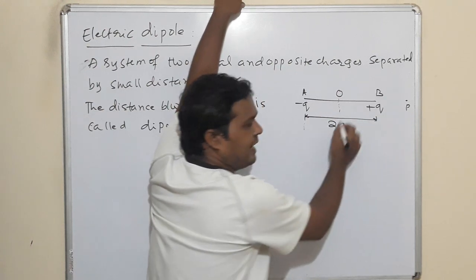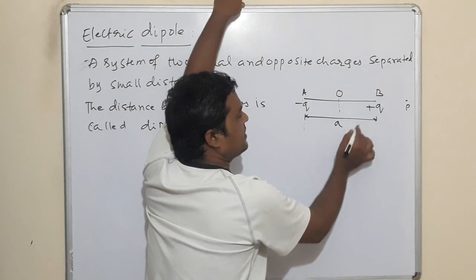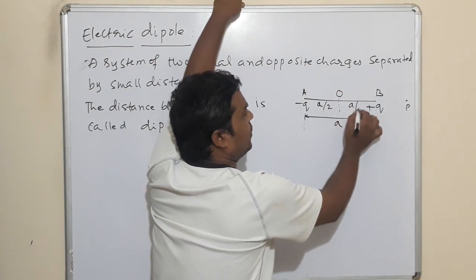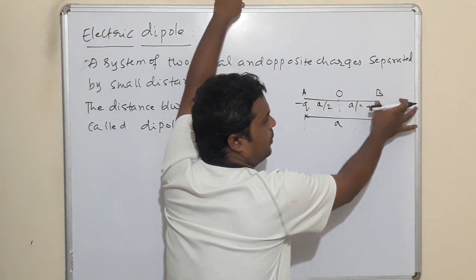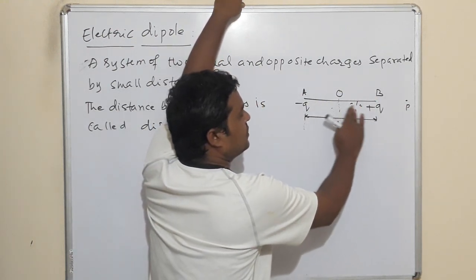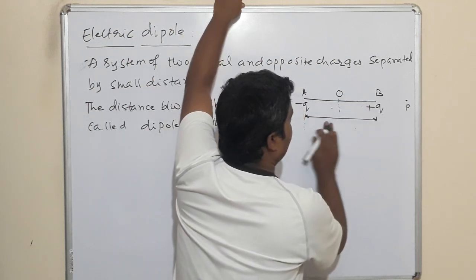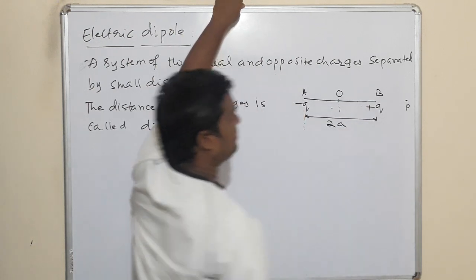If I take the entire distance as a, then it will be a by 2, and I have to measure a by 2 plus something. Instead of doing it like that, for our convention we'll take this distance as 2a.